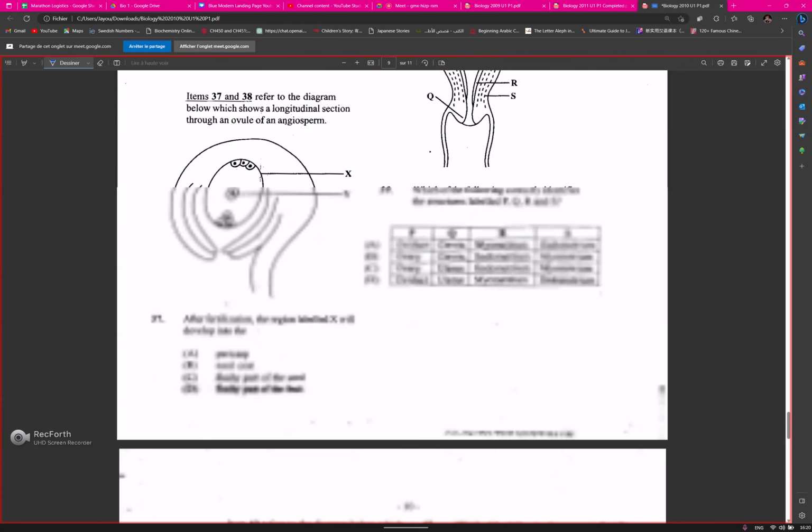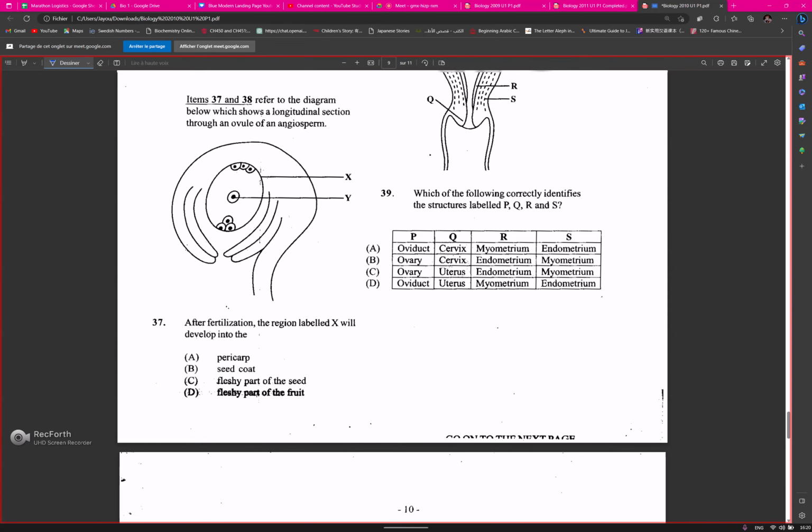Here now. So after fertilization, the region labeled X will develop into the testa.